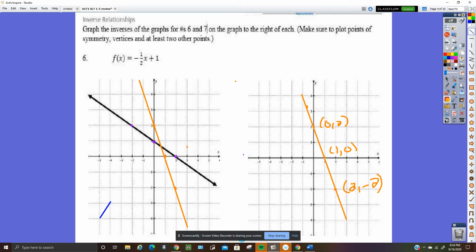It's off a little bit, but let me just draw a solid line, it'd be easier. All right, so the orange graph is the reflection of the black one over the line y equals x.